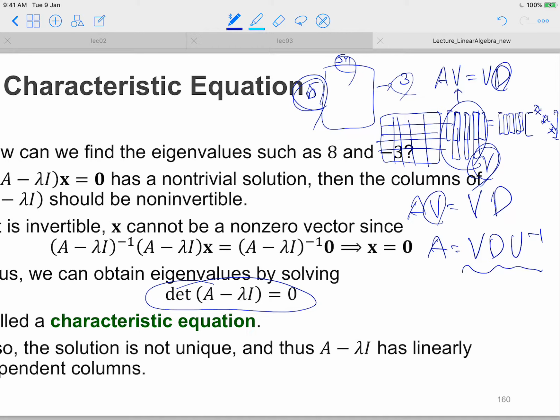But what if we found 5 different pairs of eigenvalue and vector pairs? In that case, at least the matrix V is a square, right? And also if the columns of V are linearly independent of each other, that is when this matrix V is invertible, and then we can write it in this form, right?